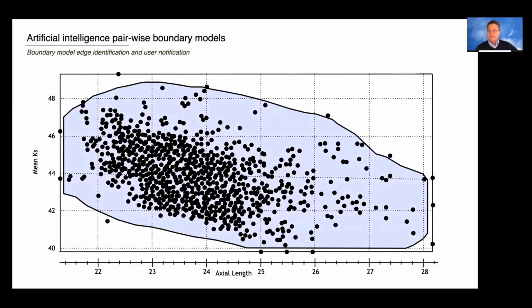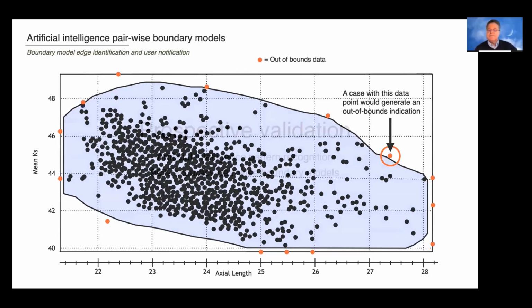In this case, this is the 90% accuracy boundary model for the keratometry and axial length. We can identify those cases that are outside the boundary model. What this means is that if a patient had this data point, we couldn't predict the accuracy at a 90% level. 90% is an arbitrary value, but it was way above what anybody had ever seen before, and it seemed to make sense to us.